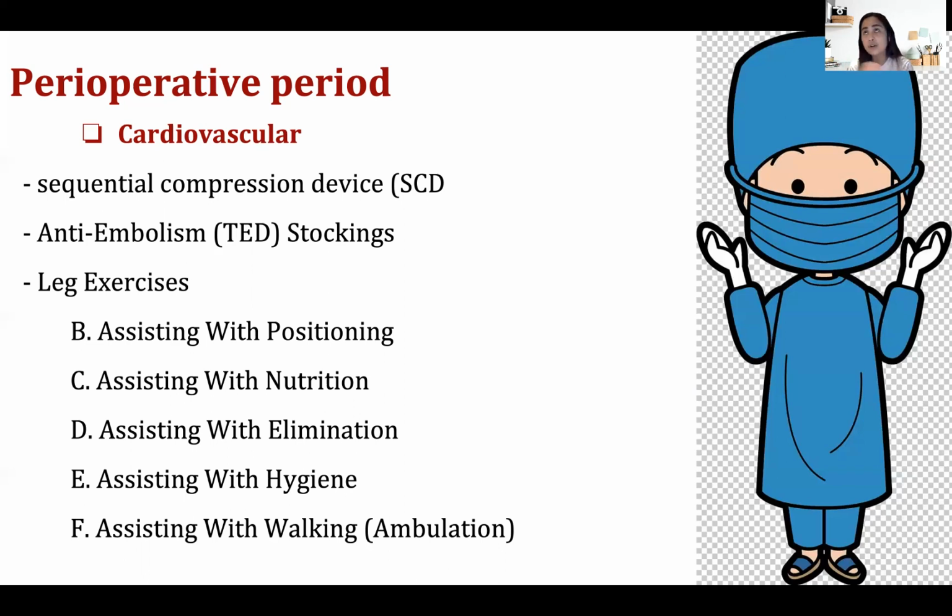Next, we have other operations like hip surgery. After hip surgery, you should remember that the patient's hip should be abducted, should be adducted. So an adductor pillow is very important.